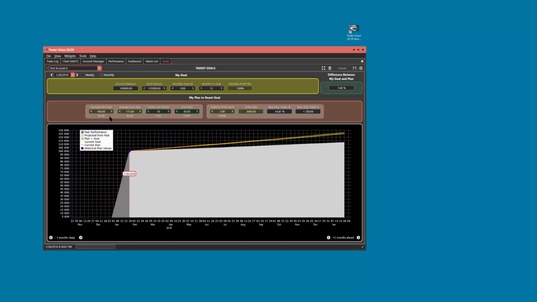Again, the goal is to achieve our goals and consistently win, not to hit a home run once every 10 trades. So what we do is take that $450 off the table at a target and let the rest of it ride while raising our stop.